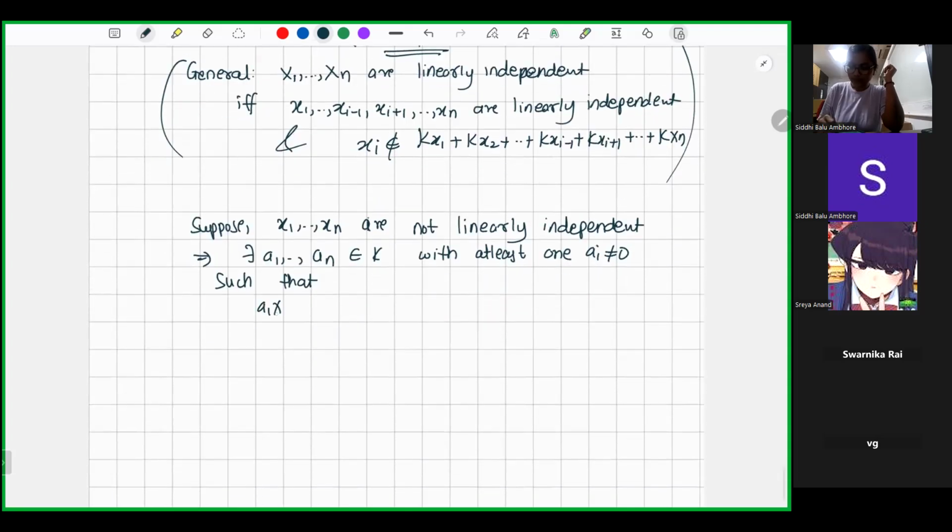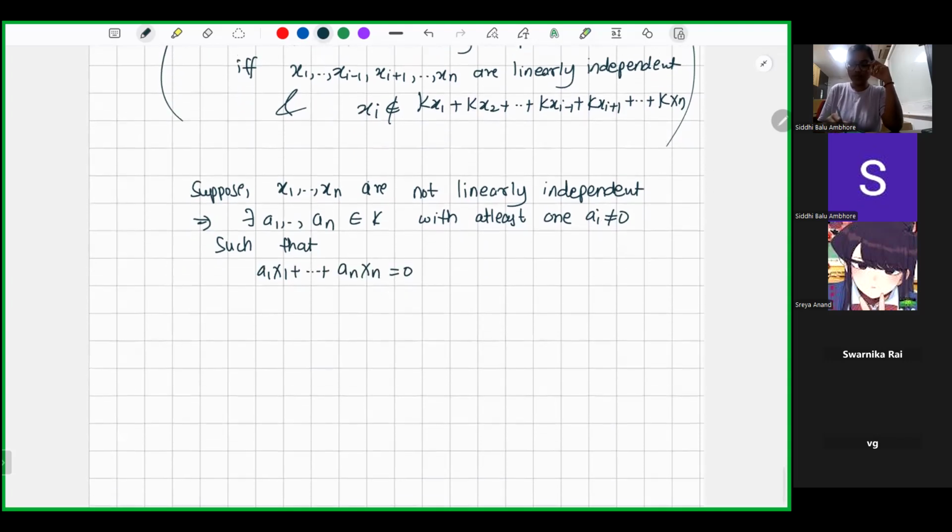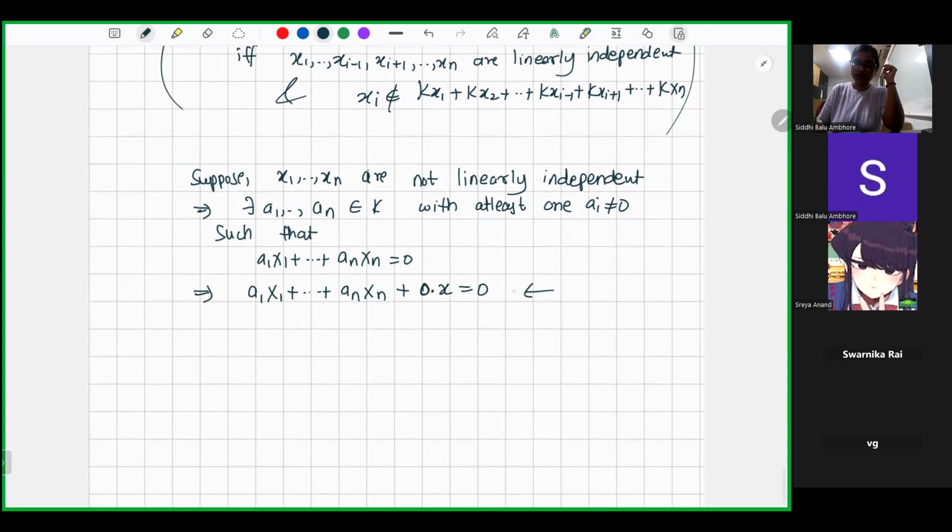I get a1 x1 plus up to an xn as zero, right? But I can simply extend this to include a x with coefficient 0, and this is now a linear combination such that 0 times x is 0, with at least one ai non-zero, right?